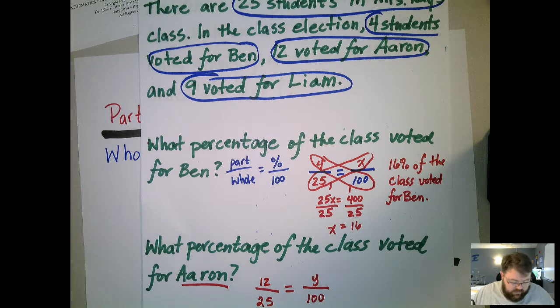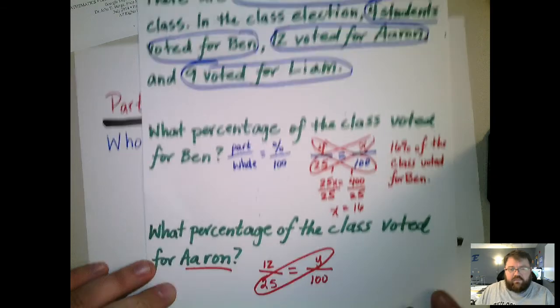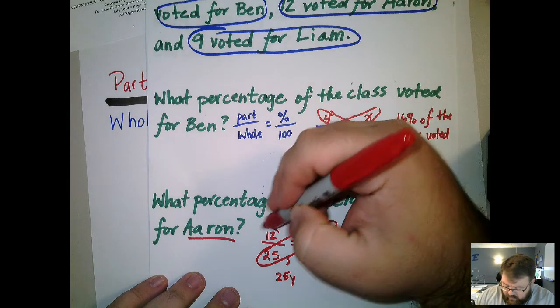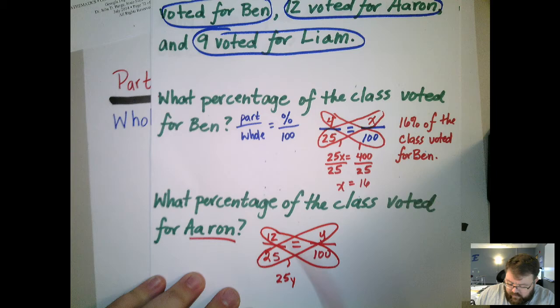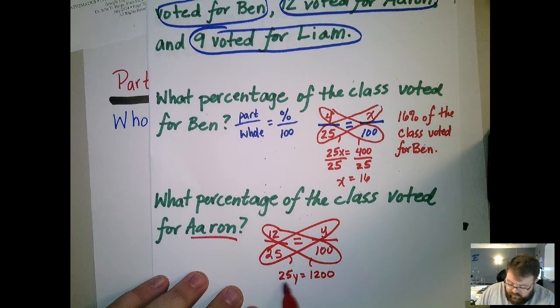Okay, so from here, I'm going to do 25 times y, which is 25y. 12 times 100, which is 1200. Then I'm going to divide both by 25. 25 divided by 25 is 1.